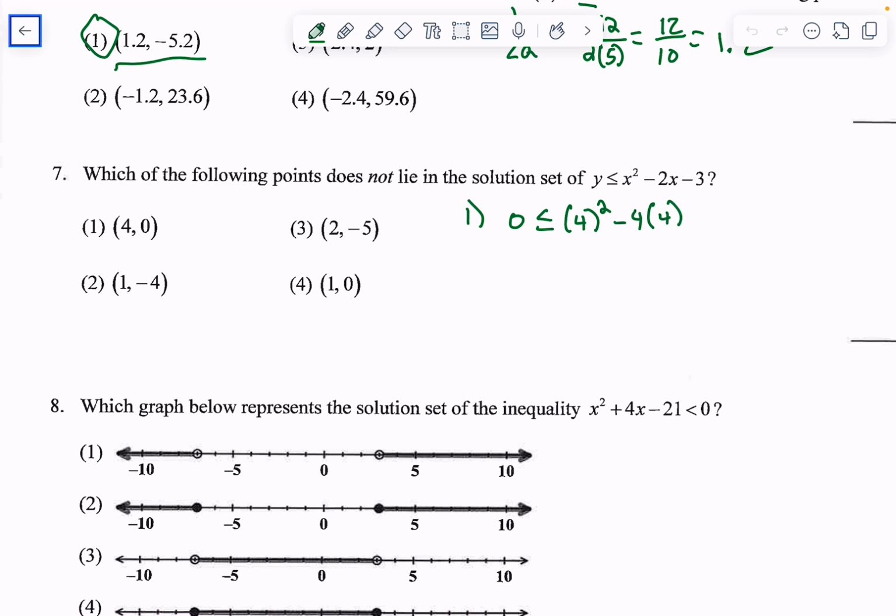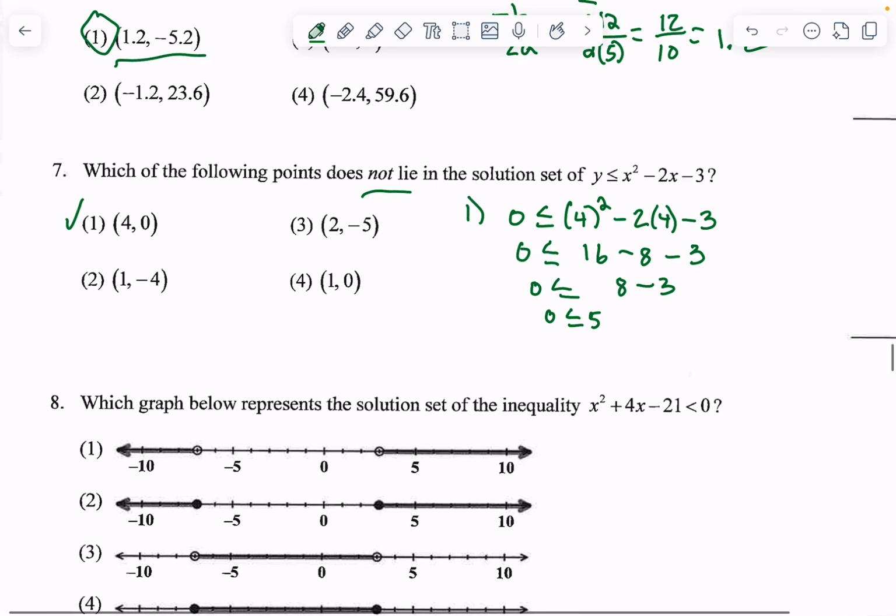I got that wrong at first. So this is 0 is less than or equal to 16 minus 8 minus 3. This is 8 minus 3, which is 5, and 0 is less than or equal to 5. So this one works. Okay, now we want to find one that doesn't work.